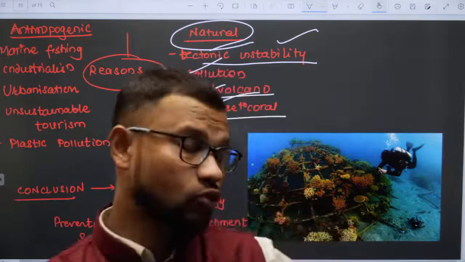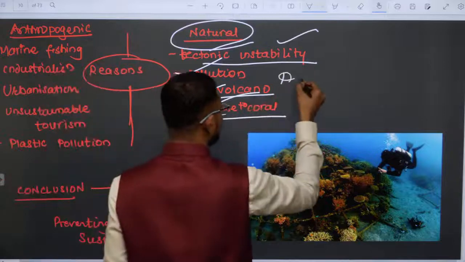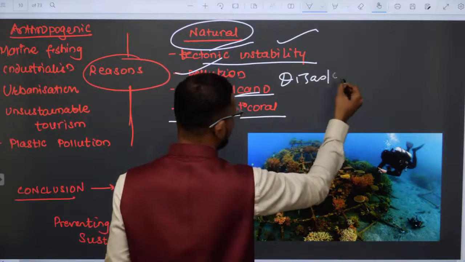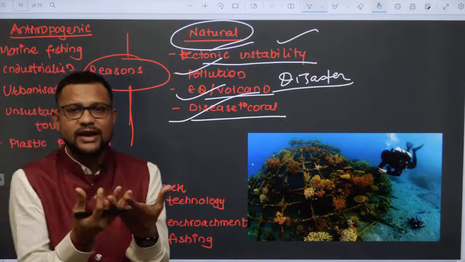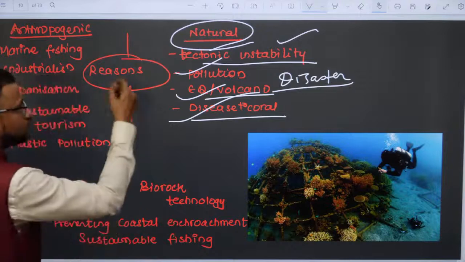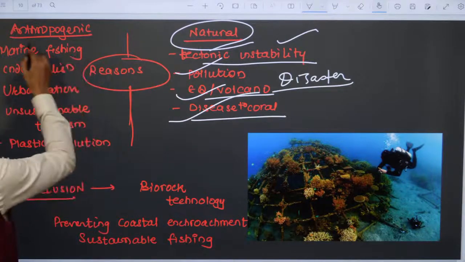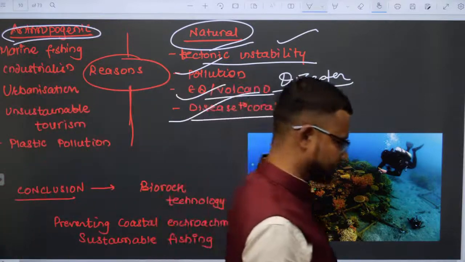And diseases to coral also; the disaster point will also come. So these are the reasons why there is bleaching. What happens is that the symbiotic association of zooxanthellae and coral breaks, and then it leads to movement of zooxanthellae out of the coral. And anthropogenic causes are the most dominant causes.